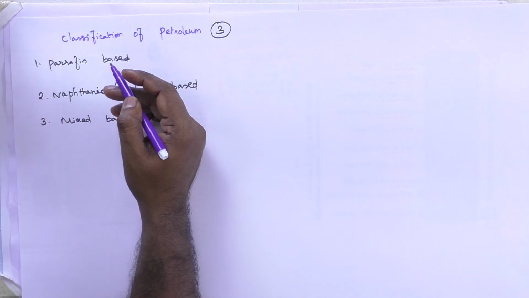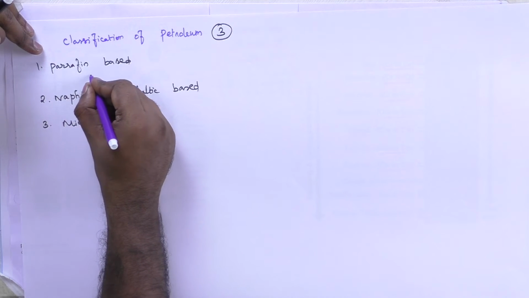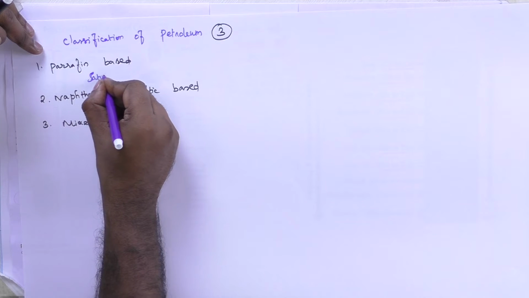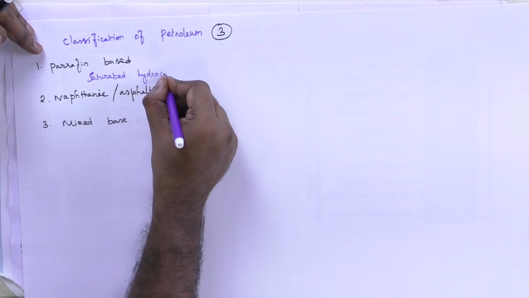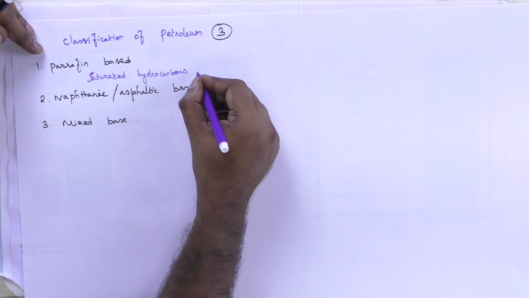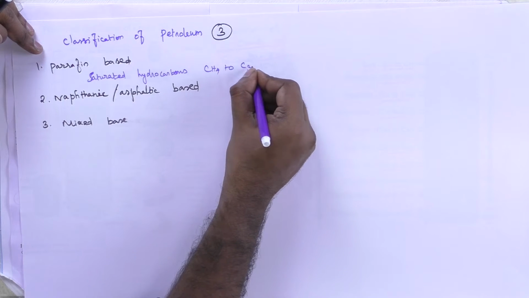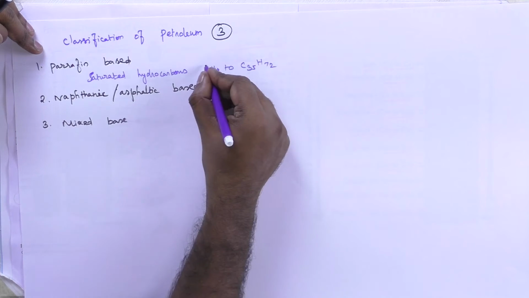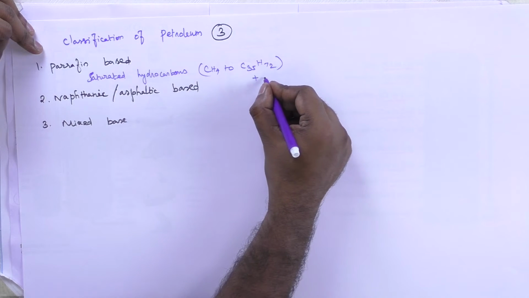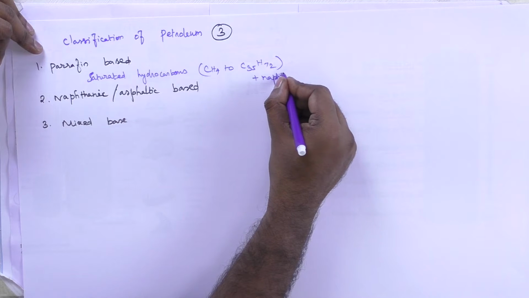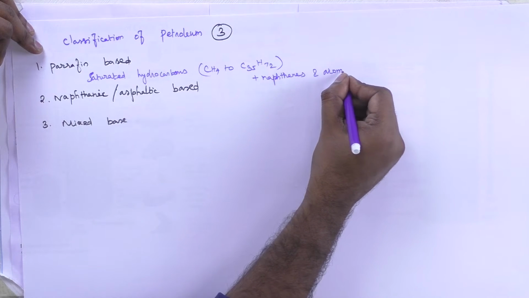Paraffin based is the composition of saturated hydrocarbons, CH4 to C35H72. These are the main composition of saturated hydrocarbons with a small amount of naphthalene and aromatics.